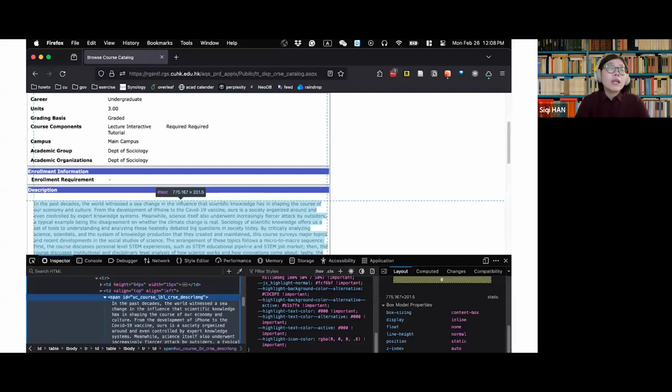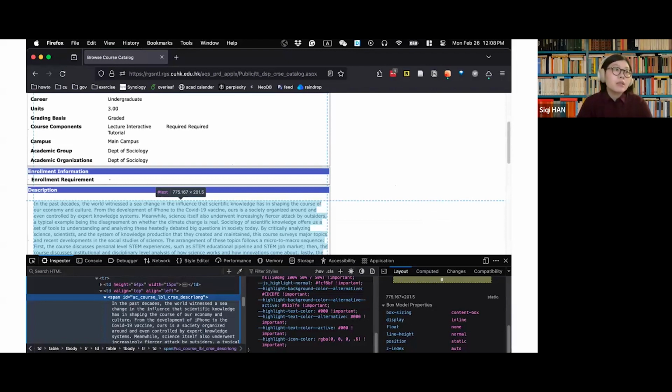This is a course I offered at CHK called Sociology of Science. And this is the course catalog that CHK offers to students and everyone who wants to see it. There is a section called description, highlighted in blue here. And if we hover our mouse on this paragraph, right-click it, inspect, then the lower panel pops up.